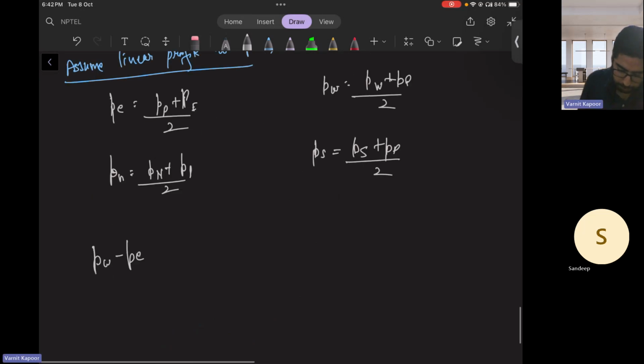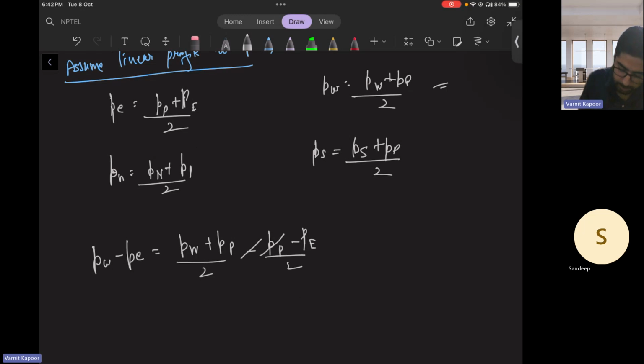PW minus PE, what will it be if you put back? PW is PW plus PP by 2 minus PP minus PE by 2.